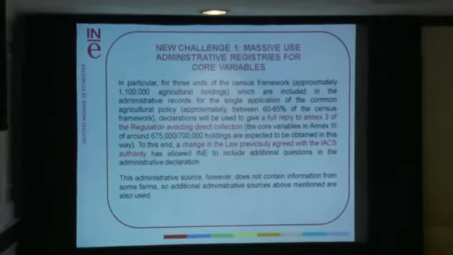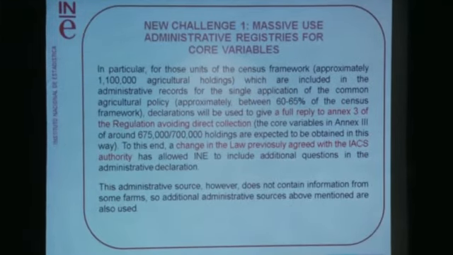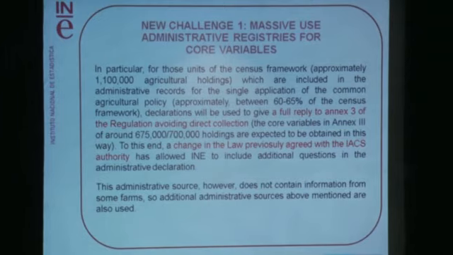We are going to use these administrative sources for 60–65% of our framework. So we will avoid to make questions to around 700,000 farms. We are only going to investigate the other part, which makes around 350,000 farms.